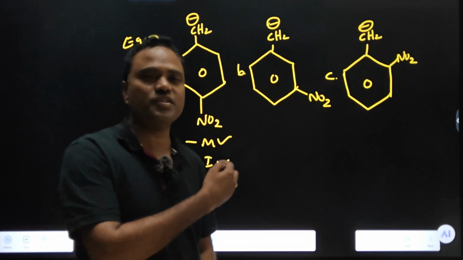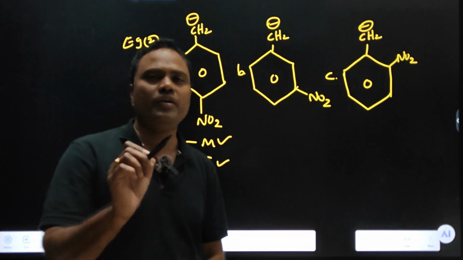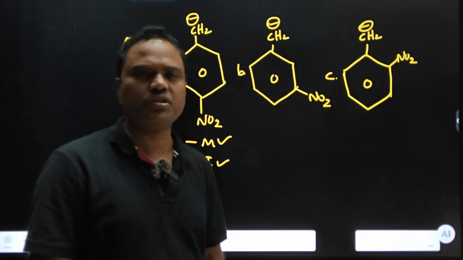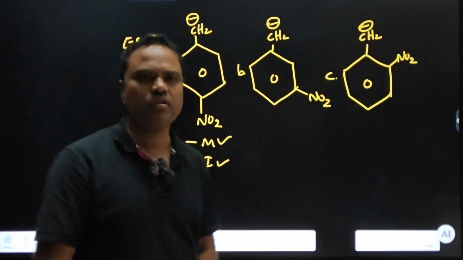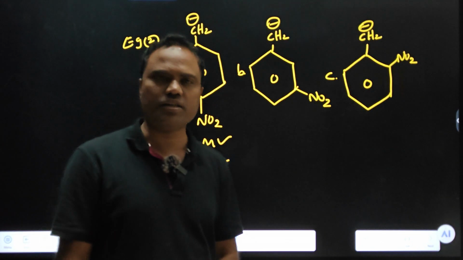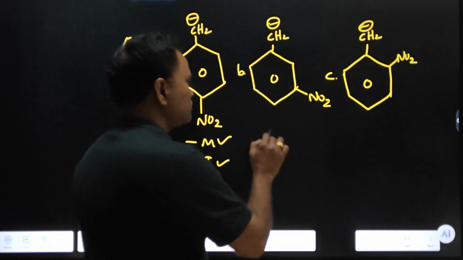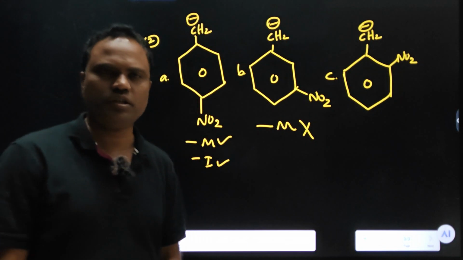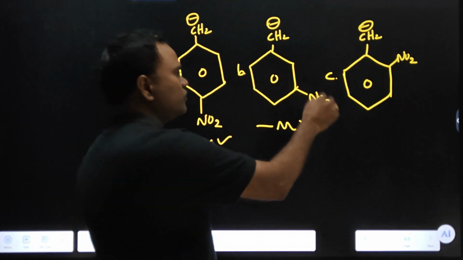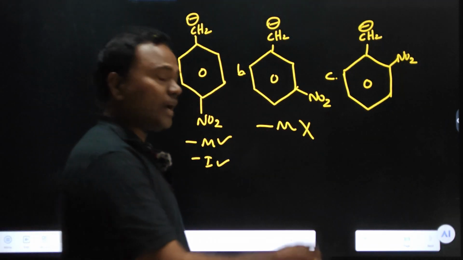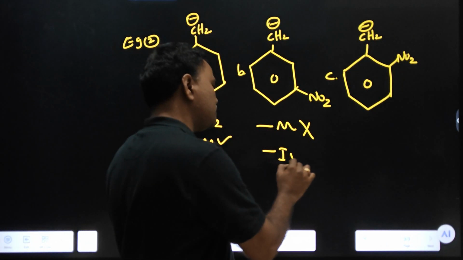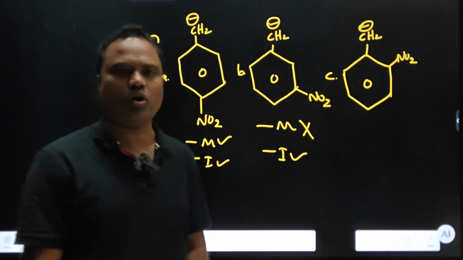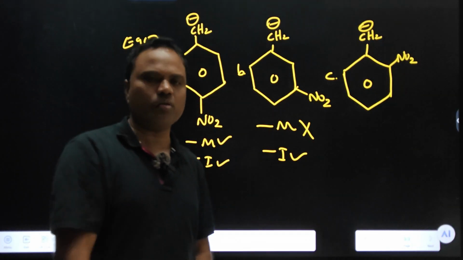No. Why? Because it is present in the meta position. When a group is present in the meta position, its plus M or minus M effect does not work. So I am cutting minus M. There is no minus M because NO2 is in the meta position. But the inductive effect is present in all positions: ortho, meta, para.